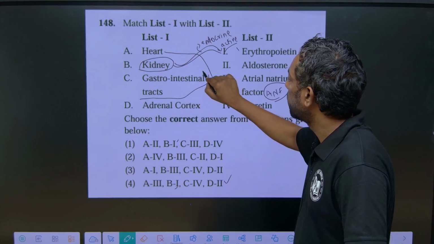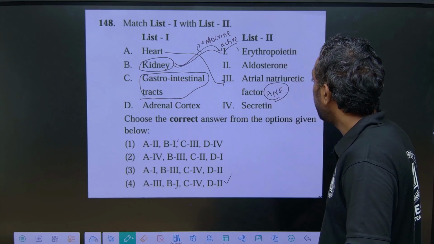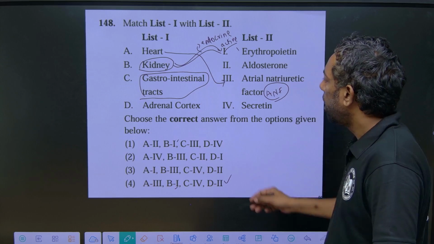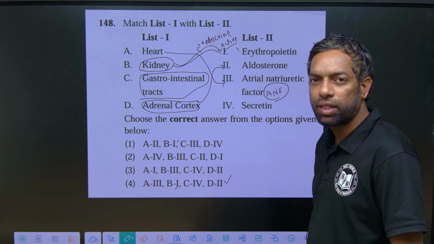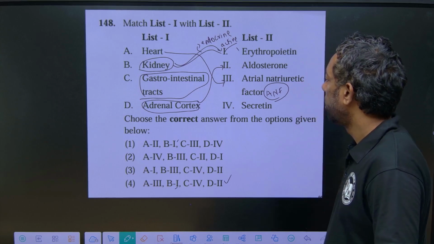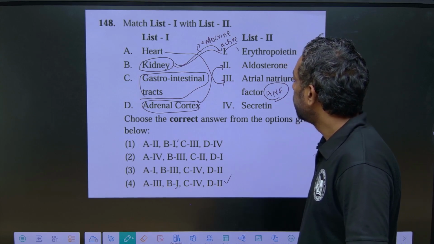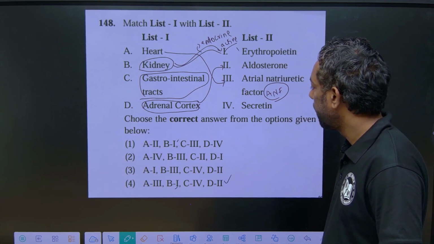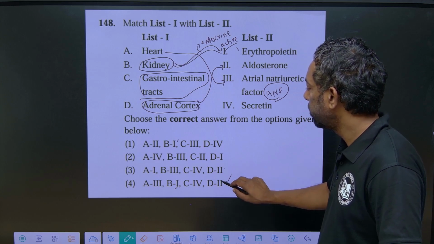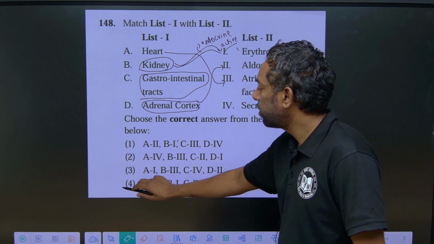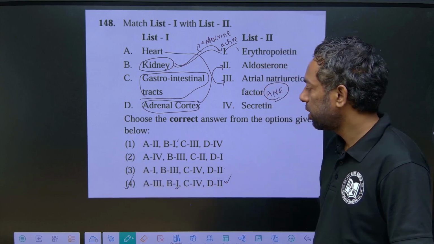Gastrointestinal tract. Adrenal cortex releases aldosterone for reabsorption in the nephron. So D is 2. Here D is 2, B is 1. Fourth answer. Very simple.